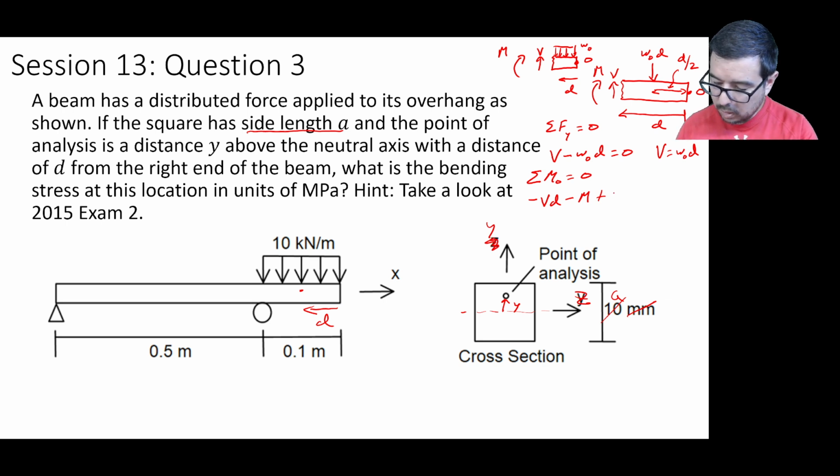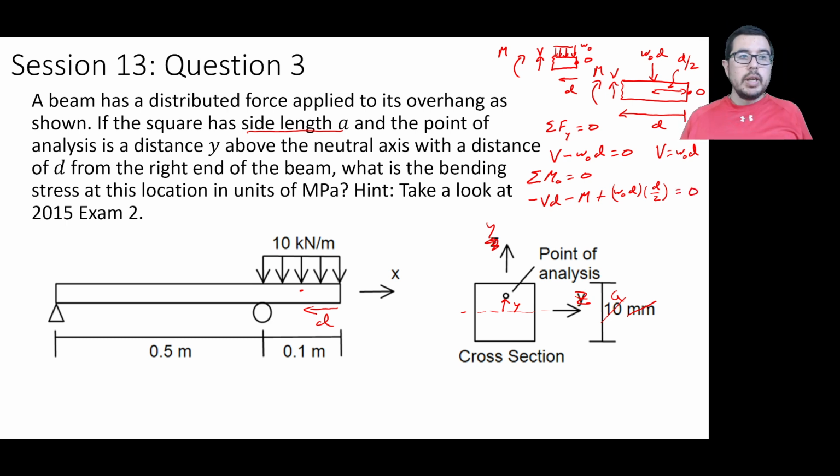So we have W naught D, that's the force, and its distance that it's acting is D over 2. That's at the effective middle. And this is going to be equal to 0.